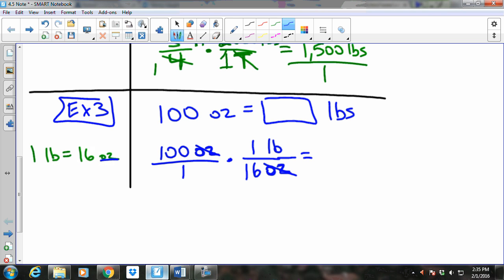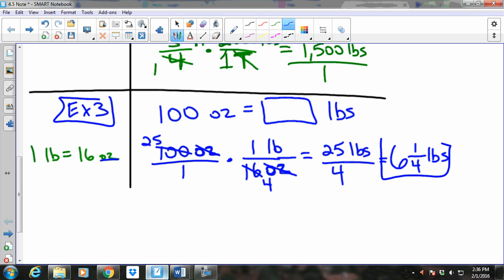So 4 goes into 16 4 times. 4 goes into 100, 25. Multiply straight across, 25 pounds over 4, which that's improper. So off to the side or in your head if you know how to do it, 4 goes into 25 6 times with 1 left over. And the bottom number stays the same. So it's 3/4 pound. So the answer is 6 3/4 pounds.